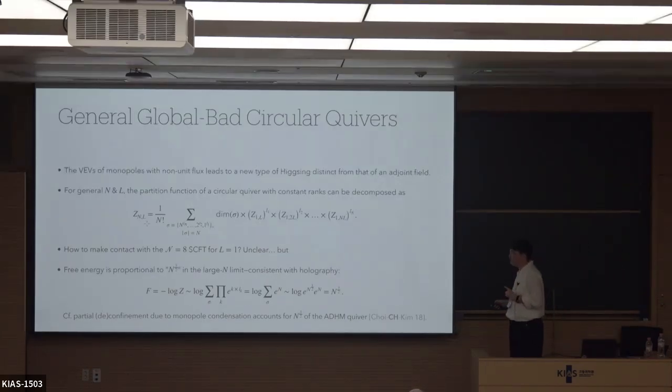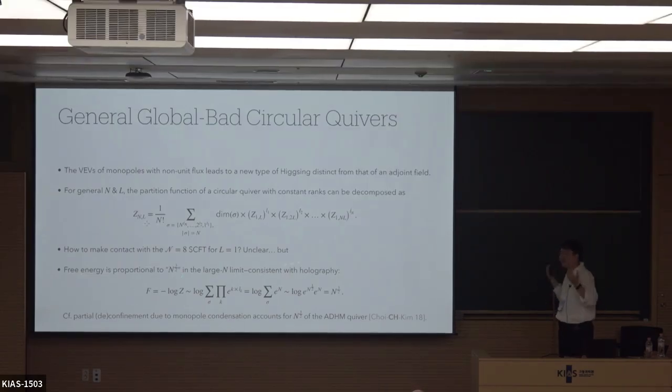One quick check we can do, however, is the following. We cannot make the precise comparison with, for example, other N=4 superconformal theory descriptions. We can check how the free energy of this decomposition scales. We know in the large N limit, it should correspond to the N=4 SCFT, which has N to the 3/2 degrees of freedom. You can ask whether that is the same here.